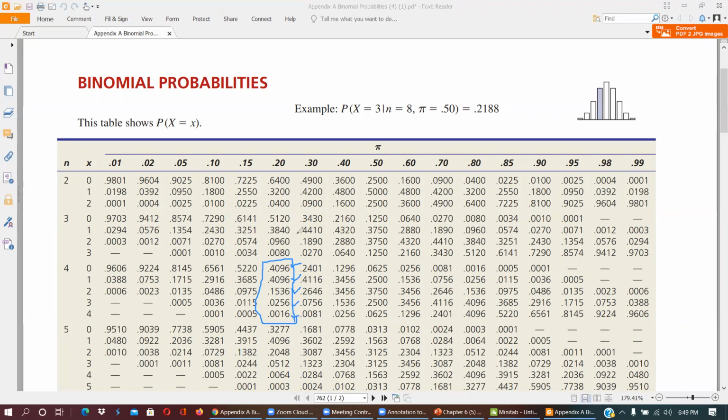Now you can do the adding. If it is asking fewer than 2, that means up to 1. So you can add these two probabilities, 41 and 41, which is almost 42%. If it is asking at least 2, you can add this and this, which comes to 18.1%. So you can also look into this without using Minitab.